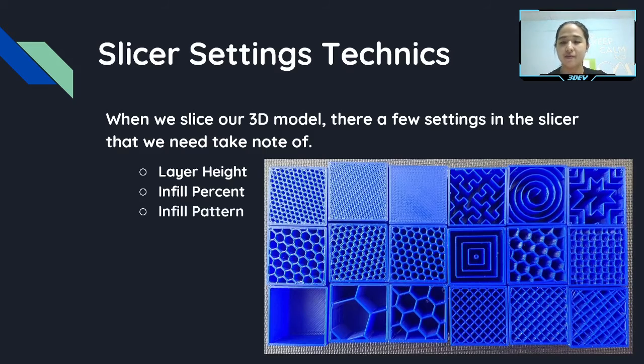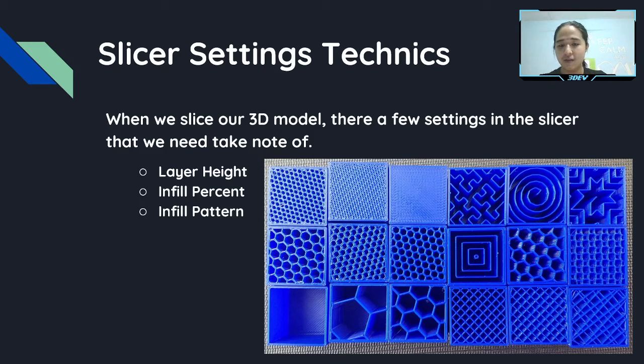Next up, infill patterns. We have many types of patterns that can be found in the slicer. Different slicers have different types of patterns. For example, the patterns that you can see here mostly come from the Cura slicer. We have no infill, hexagon, squares, lines and bricks, and many more.